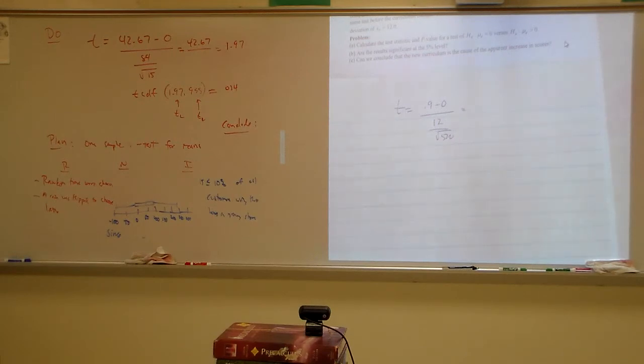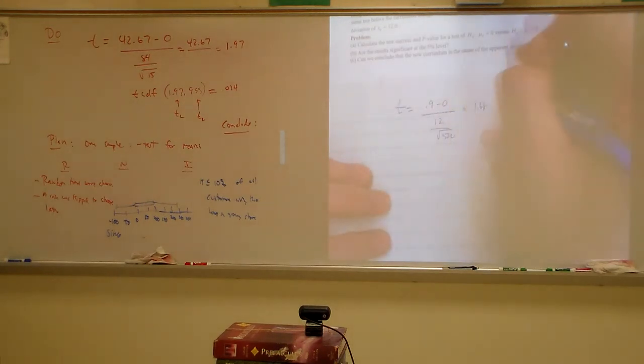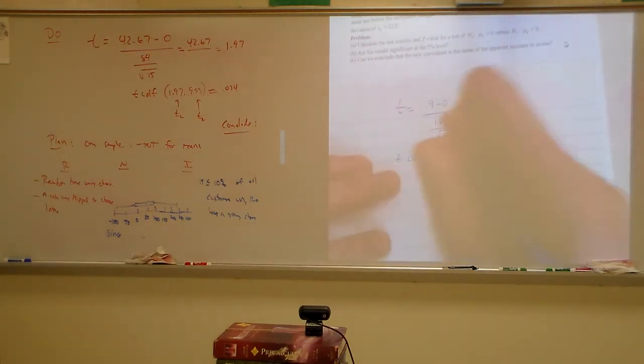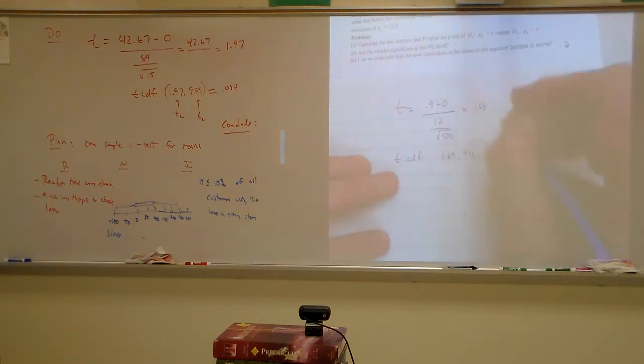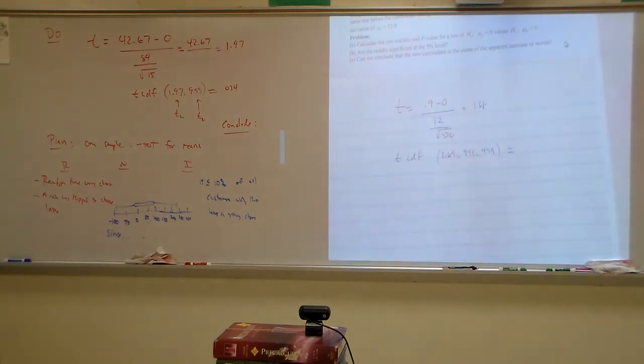We get a t-score of 1.68. So we do the old tcdf, 1.68 to 999 with degrees of freedom 499, and we're going to get 0.047.